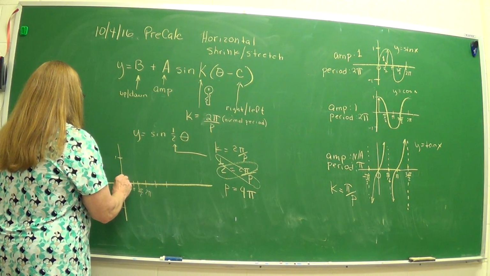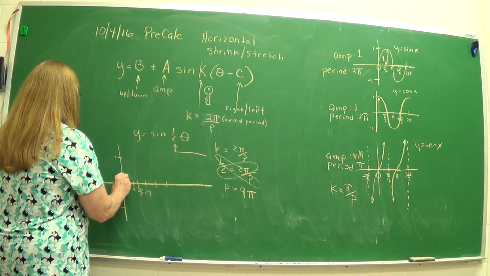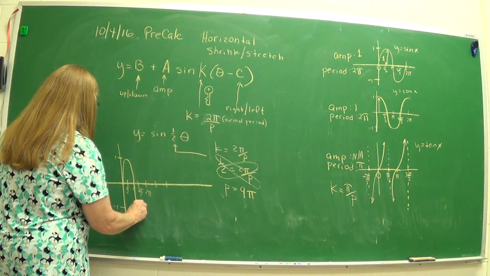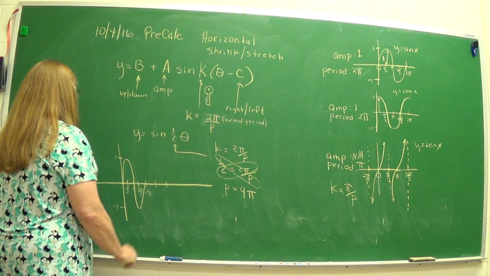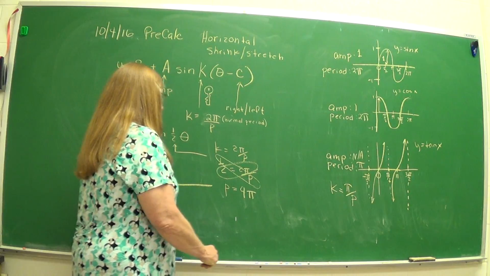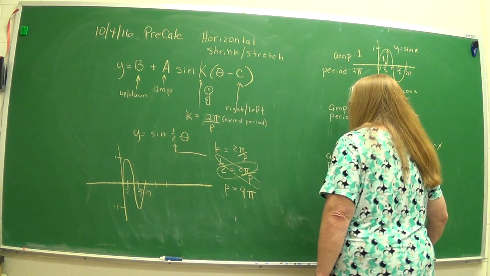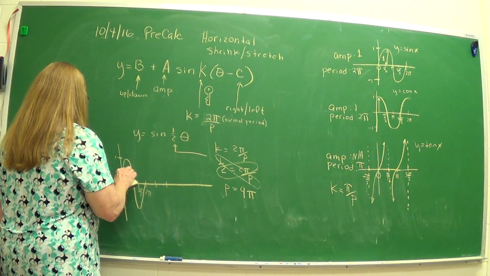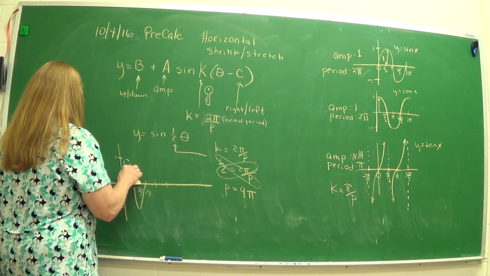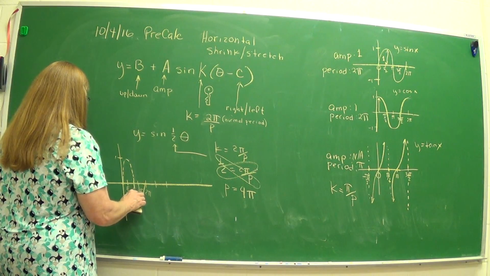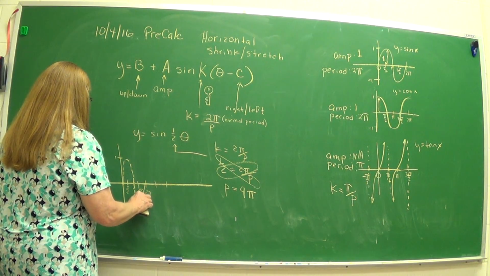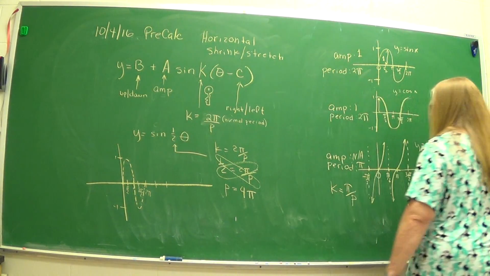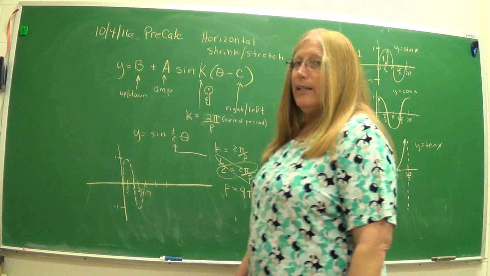This function starts at the origin, peaks at 1, down through pi, bottoms out at -1, and back to 2 pi. And that is the one which I will dot, because it's not the real answer. Not sure if that looks like a dotted curve from where you are, but that's my intention.